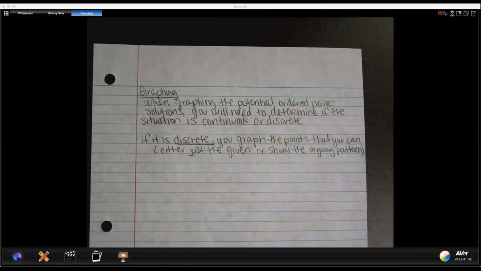So if it's discrete, you're going to graph the points that you can, and that's either just what you're given or show the ongoing pattern. Again, just because it's discrete does not mean it isn't a pattern. Okay, you could have a pattern. It's more commonly that you might not have a pattern.